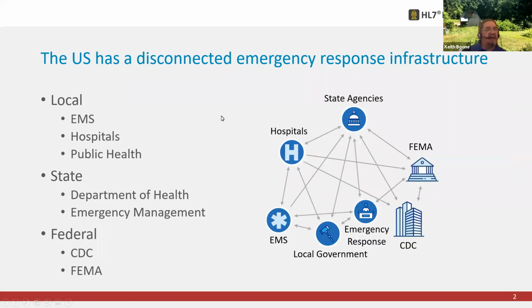The challenge that the SANER project tries to address is the disconnected emergency response infrastructure we have in the US. Right now, hospitals are having to report information about how they're doing, how many beds they have available, ventilators, protective equipment, staff, etc., to local, state, and federal agencies, each of which are asking for slightly different variations of data using different formats.